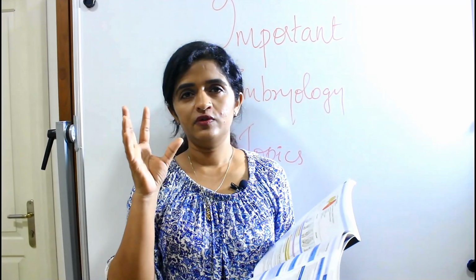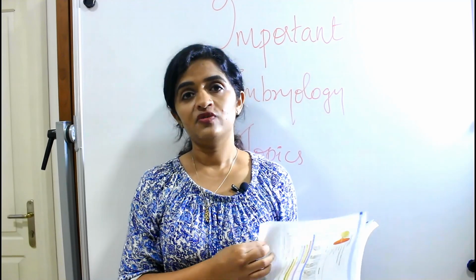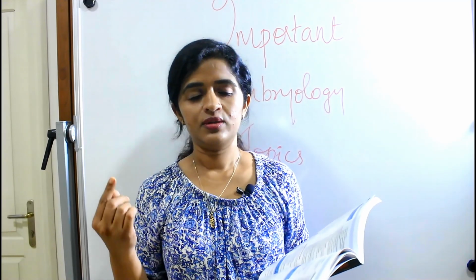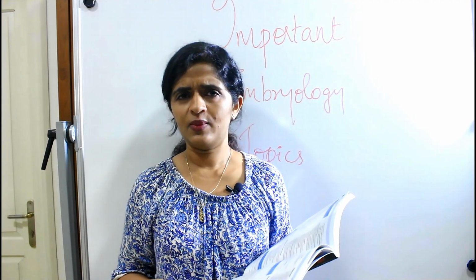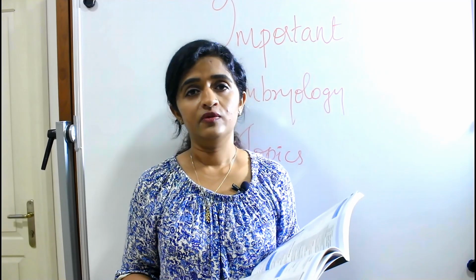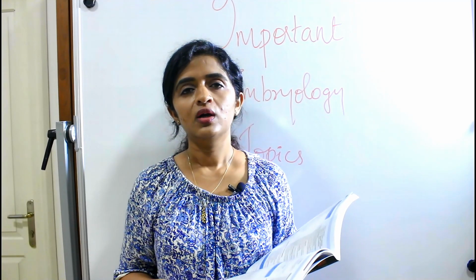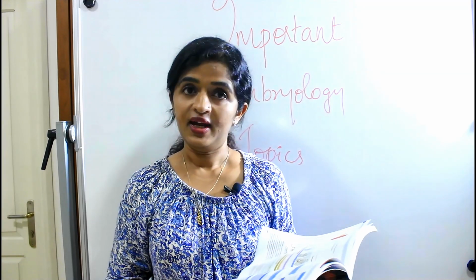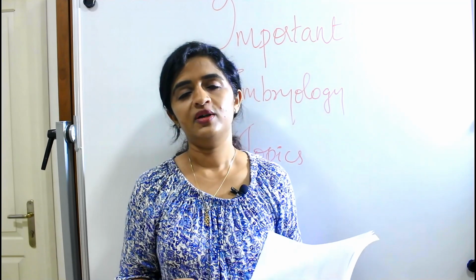But still if you have an idea, like you just study 2 examples from each factor, like 2 drugs, 2 chemicals, 2 radiation factors, 2 hormones, 2 infections. If you happen to learn it like that, then it will be easy for you when something is asked from the chapter teratology, because you need not omit that question. You can attempt that question. So that's from the chapter teratology.